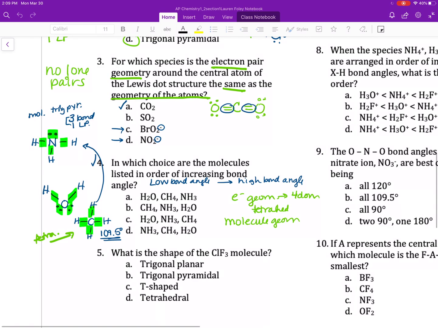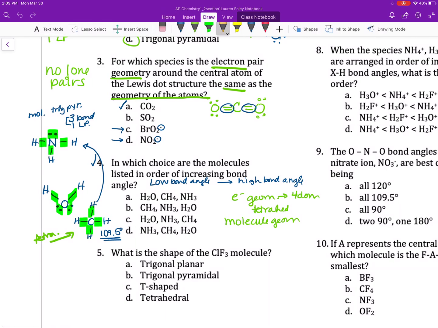These electrons will repel one another and push against those atoms, which will push the atoms closer to one another. So this bond angle would be slightly less than 109.5 degrees. Now, if I take another atom and replace it with another lone pair, so here I have 2 bonds, 2 lone pairs, the molecular shape would be bent or angular, okay?